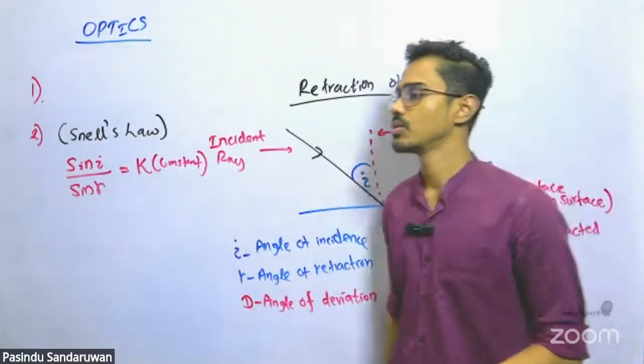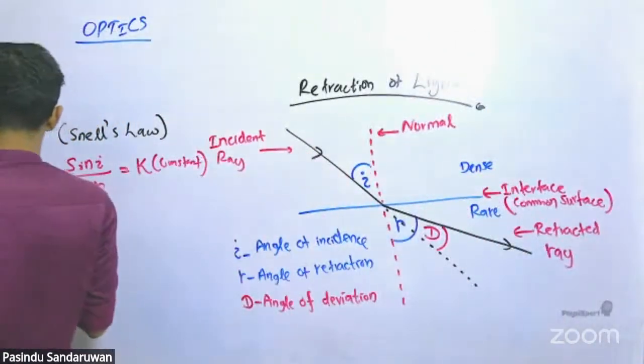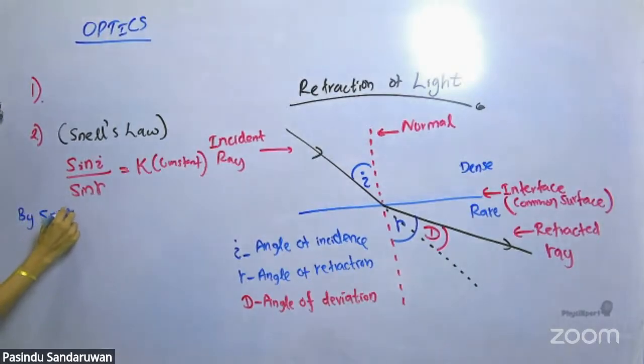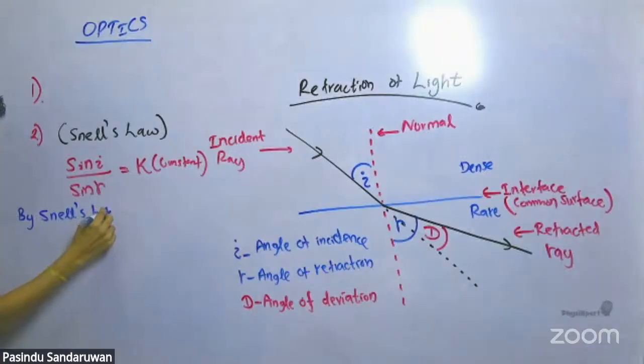Now, by Snell's law, there's another result that we are going to prove. By Snell's law, we know sin I over sin R is a constant.